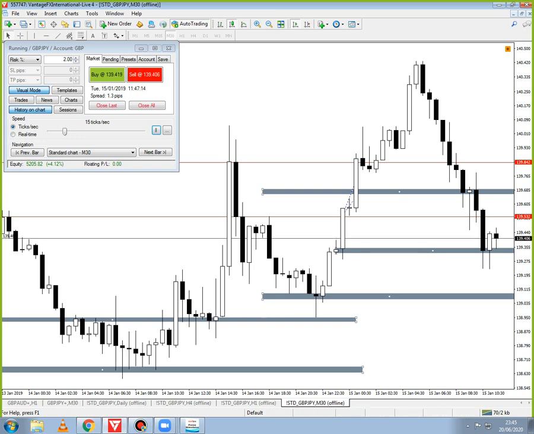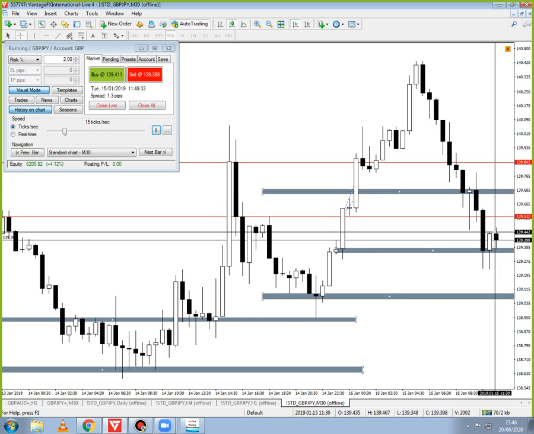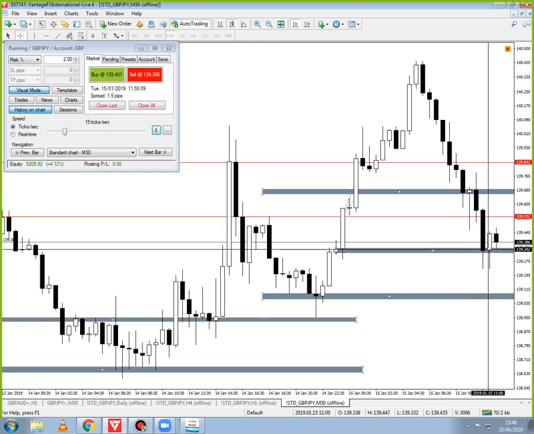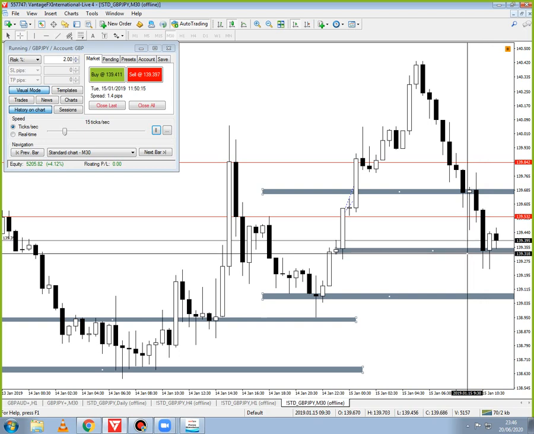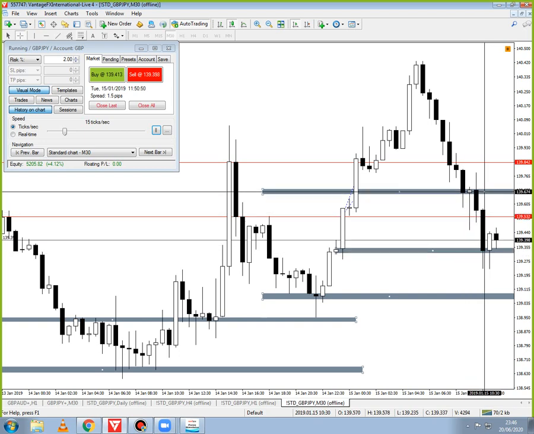If this support is held, then you could say that we're maybe going to come up to 139.680. But ideally you want to see a close below this area, and then a close above this area here to take a buy.